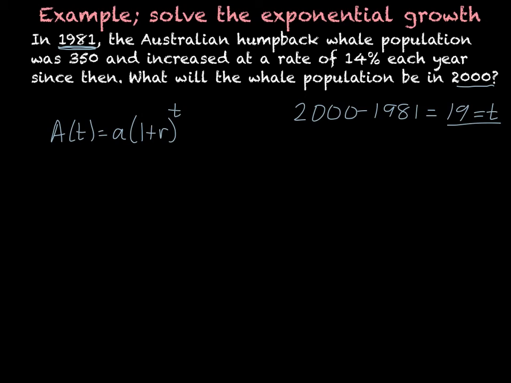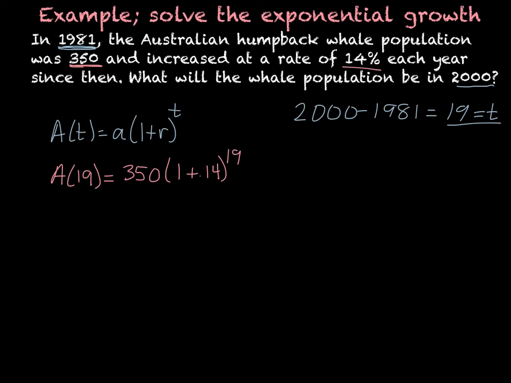So now we can put in what we know. A of 19 is what we're looking for, equals my initial a, which was 350, and it increased at a rate of 14% each year, so that is my r, my rate, 1 plus 0.14, to the power of my t, which we already discovered was 19.